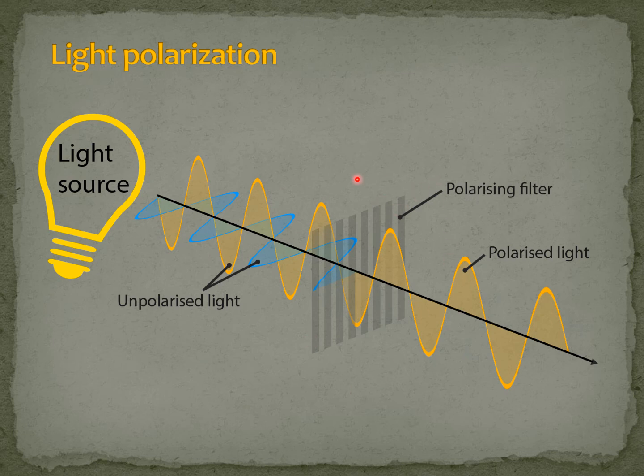And the polarizer filter basically only allows the wavelengths to pass through these slots, and the blue rays are prevented from passing. So all the light that passes through the polarizer, the wavelength, is all in the same direction. Is this so important?